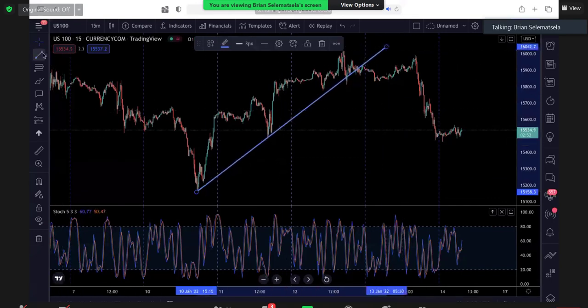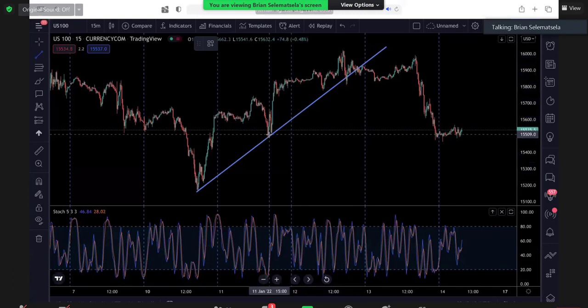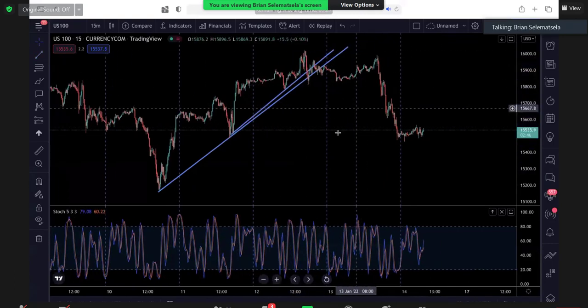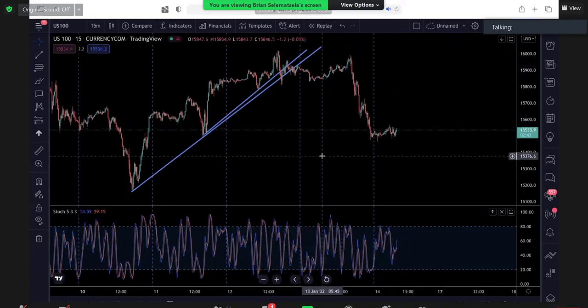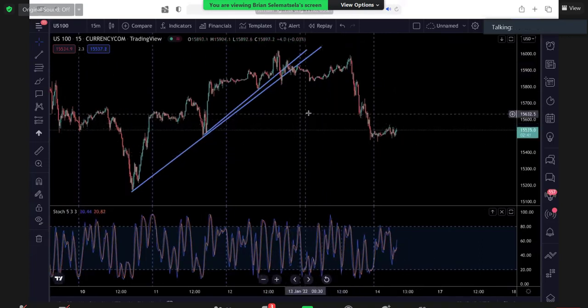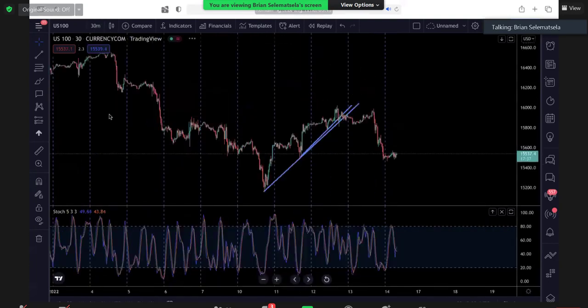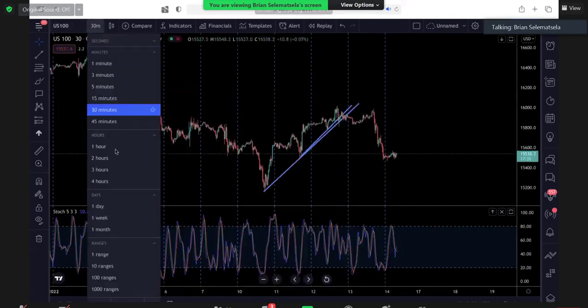Some could have used that one as a footprint. Some could have used that one as a first layer. Let's check 30 minutes. It might give us a proper one.